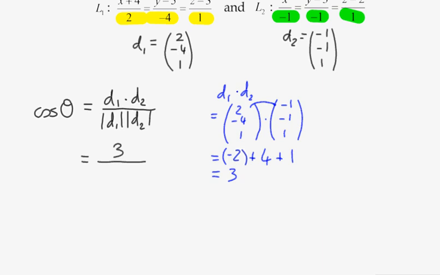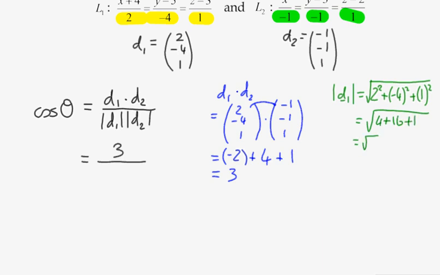I'll do that over here on the right hand side. The magnitude of d1 is the square root of 2 squared plus -4 squared plus 1 squared, squaring all the components of the vector. It's 4 plus 16 plus 1, which is the square root of 21.